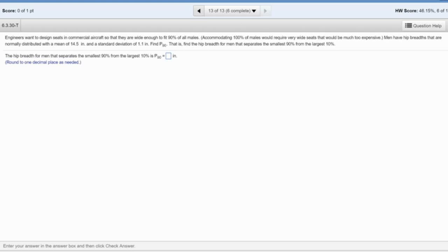You first convert the areas, find the Z value, and once you find the Z value, you convert that Z value into an X value and you find the answer. So it's the same as the previous question. I hope you just follow the way I did the previous question, and hopefully you will have a better understanding when you come to this question.